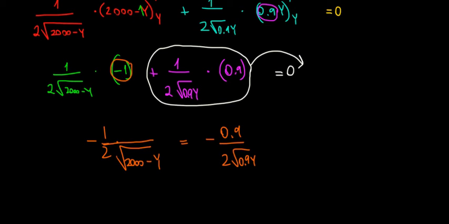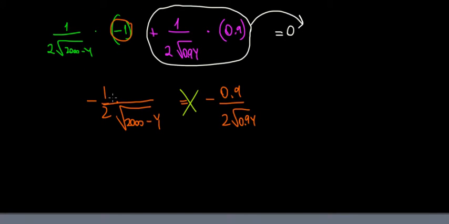Now with that said, we can do a cross multiplication over here, and we will have the following. We will have minus 1 times 2, so that's going to be minus 2 multiplied with square root of 0.9 times y equals, and we do the same on the other side. We multiply minus 0.9 with 2 times square root of all this expression.